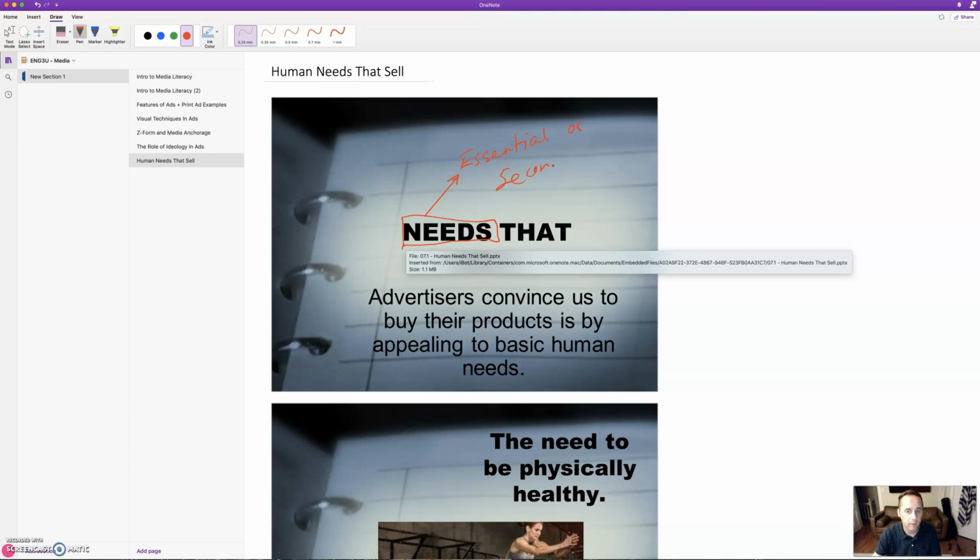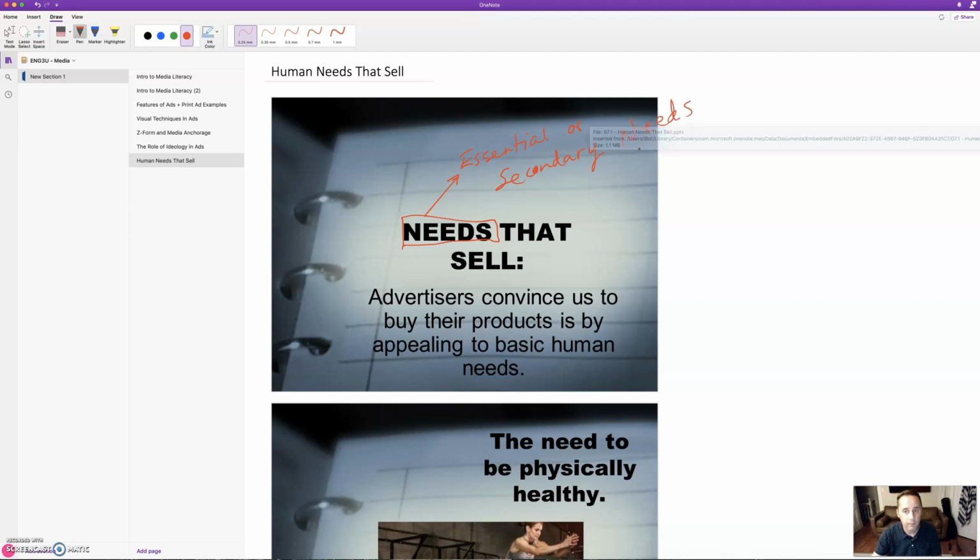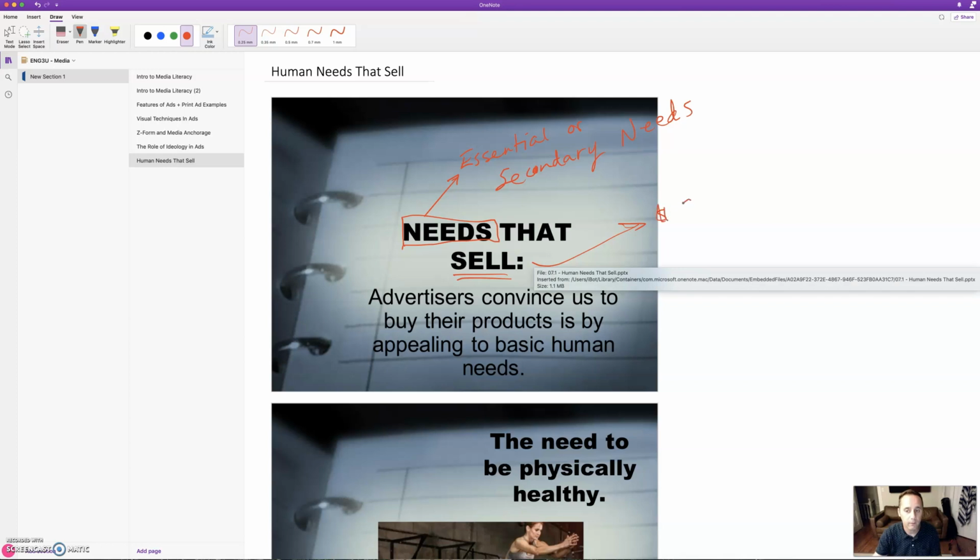So they could be things that are critical just to survive, or they can be things that we just want and like. So how are they going to use these needs to sell their product? Obviously with the end goal of trying to make profit.